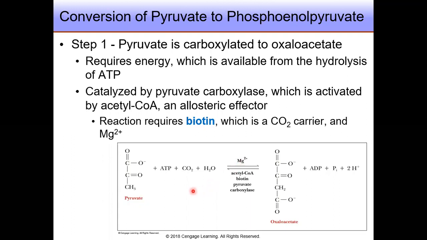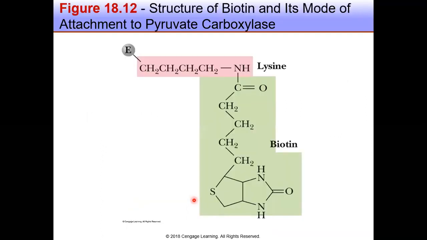For this first step, pyruvate is carboxylated to form oxaloacetate. This is in step 1. Remember, to synthesize 1 glucose, we must start with 2 pyruvate. So here, 2 ATP are required and 2 oxaloacetate are produced.